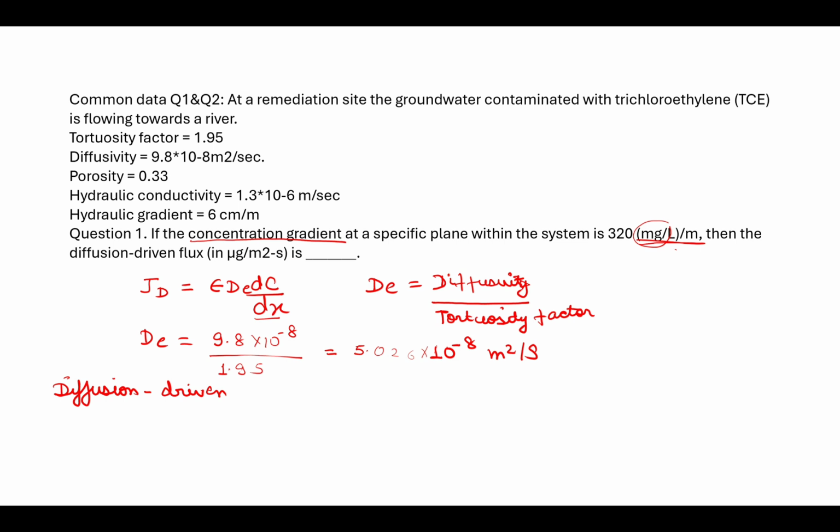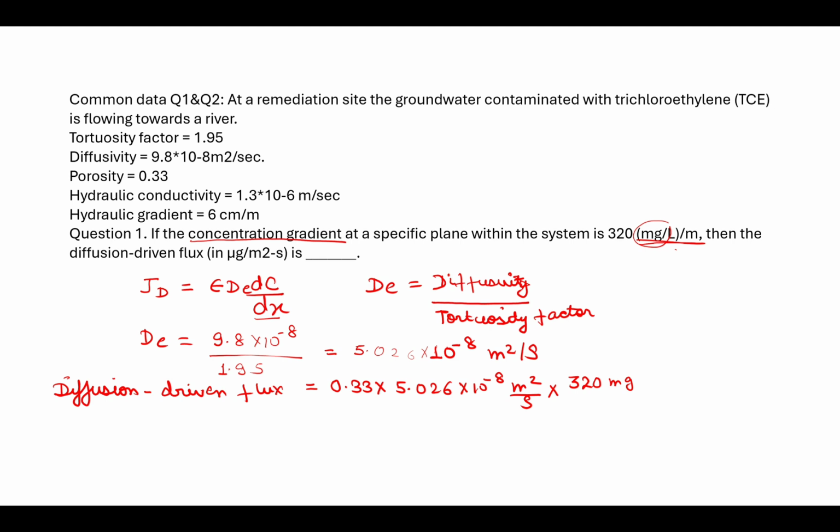We have to multiply with the concentration gradient, dC by dx. It is given as 320 milligram per liter per meter. So we will convert the liter into meter cube. To convert liter into meter cube, we need to divide by 10 raised to the power minus 3.